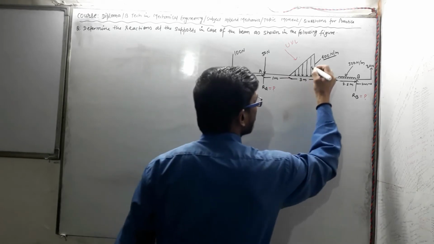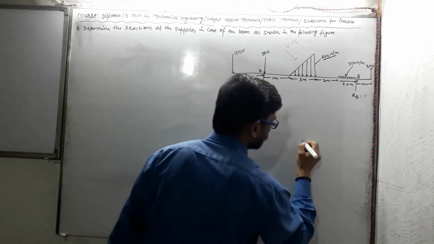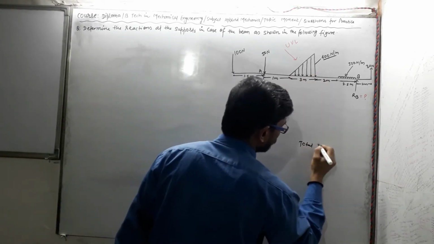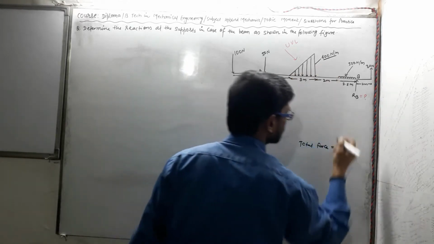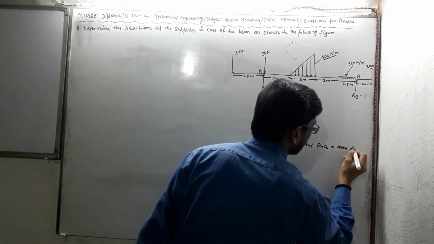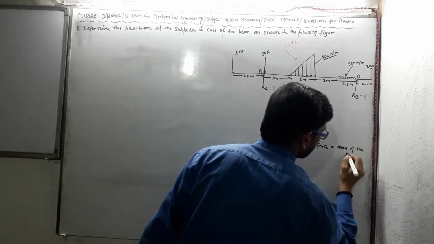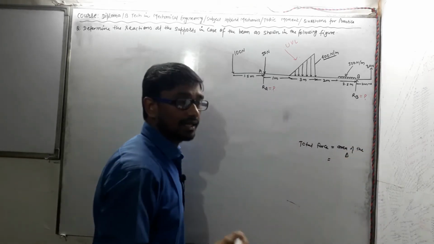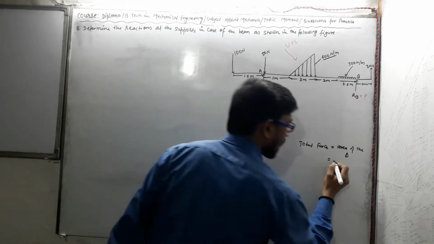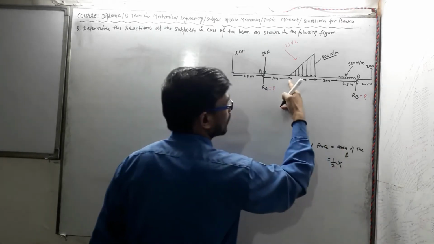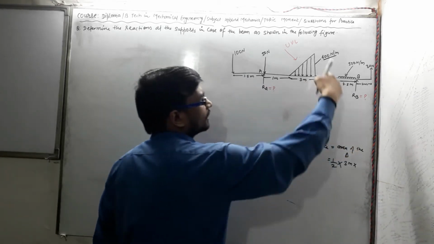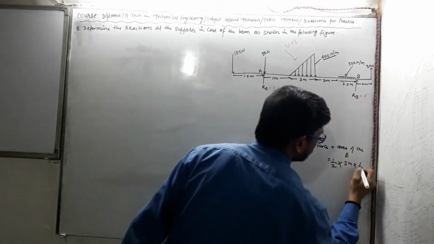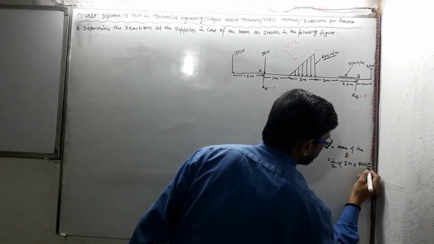So the total force for this distribution will equal the area of this triangle. What will be the area? Half into base, which is 3 meter, and the height is 400 Newton per meter.